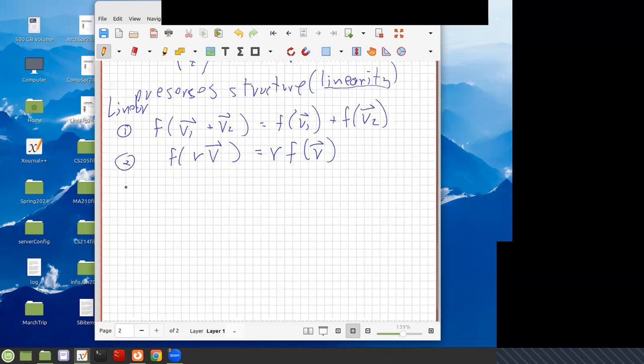Now, linearity usually deals with linear combinations. Let's see, if f is linear, what happens to f of a v1 plus b v2? This is an arbitrary linear combination in the domain.